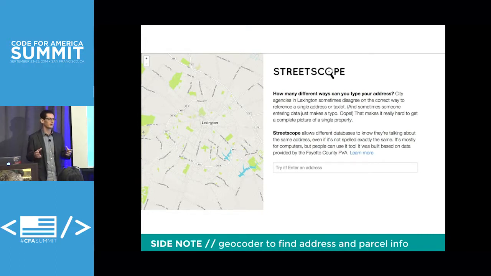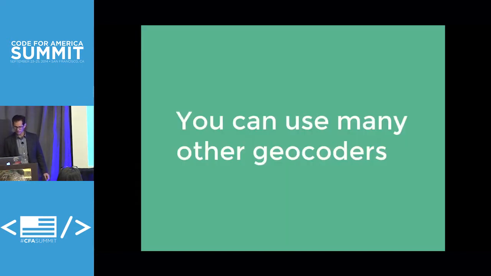We created a system called StreetScope, where if you have a city parcel file, which is the canonical set of addresses, especially if you have parcels around that, we found it was a fairly approachable problem. We were able to create a usable system that did pretty well with taking 123 Main Street or 123 Main STREET and understanding the nuances and the different ways that those addresses can be spelled. So that's a side note, but that's a little bit of the story here too.